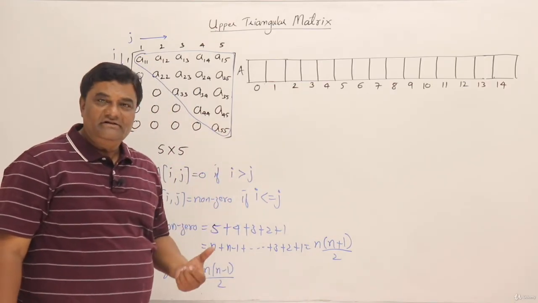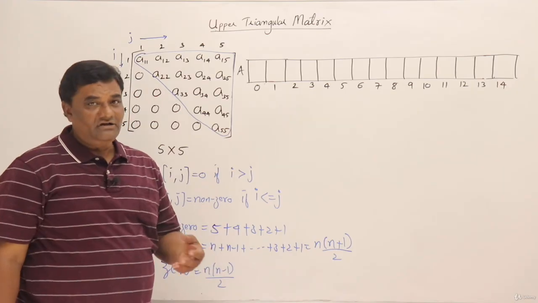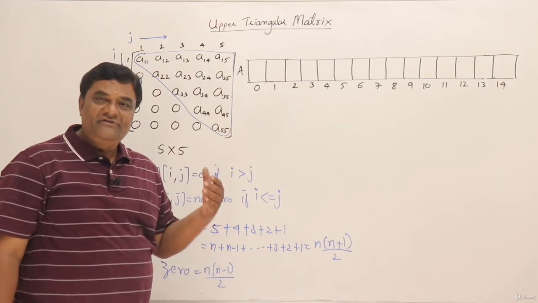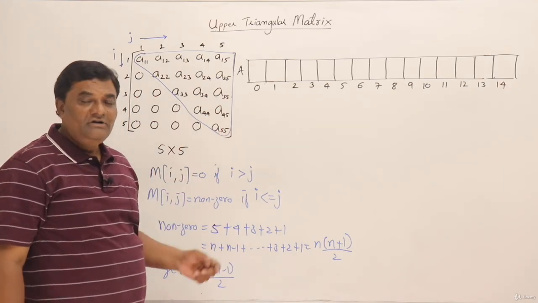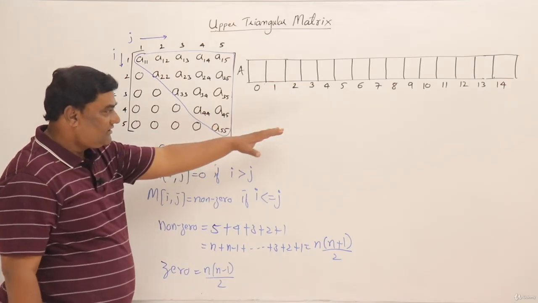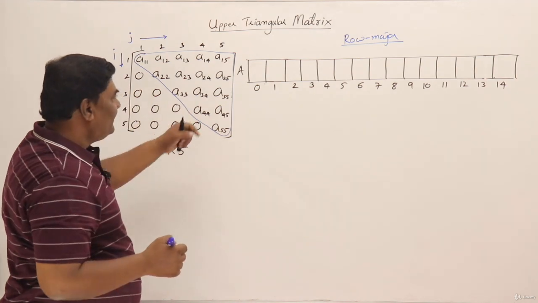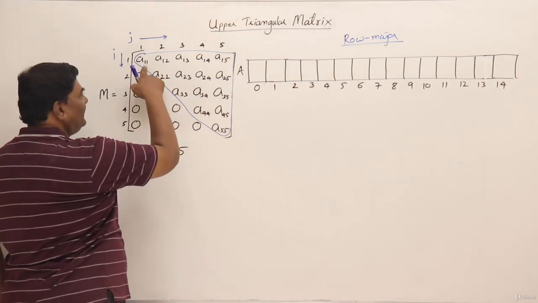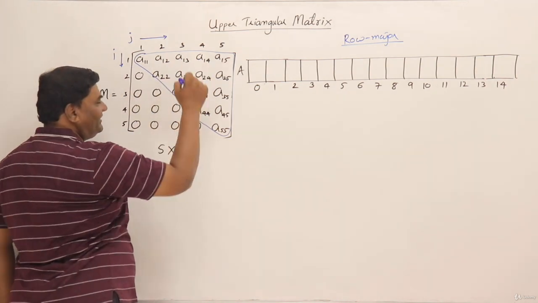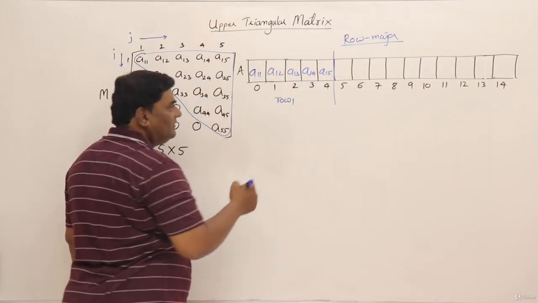So what are the methods? Again, two methods are there, the row major and column major methods. Let us fill the elements row by row. First we will see row major, and I will remove this one so that I can work in this place. I will fill these elements row by row. If you observe, the first row is A11, 12, 13, 14, 15. This is row 1.